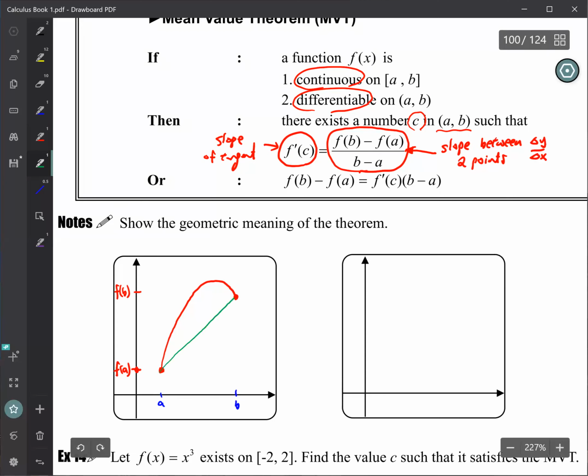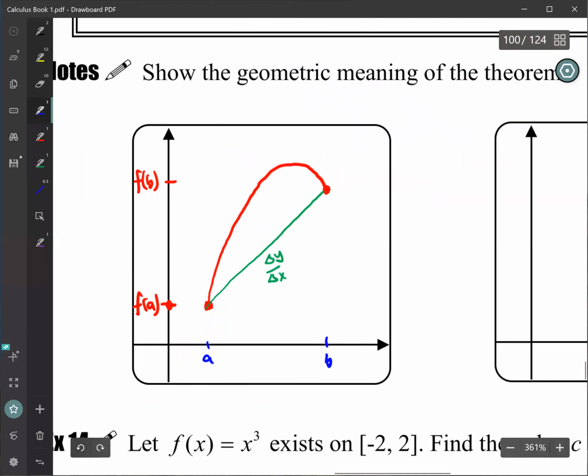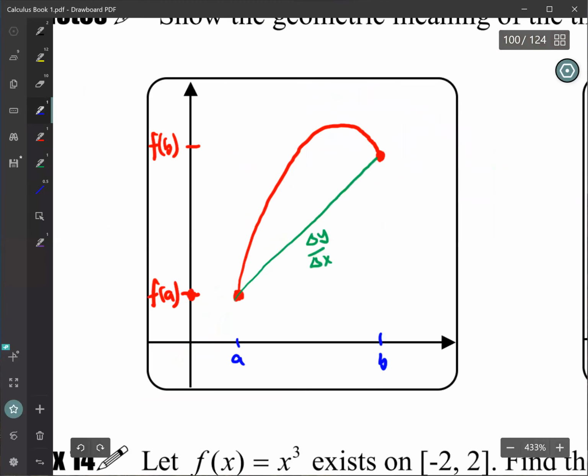So this is delta y over delta x. So where can I put the tangent line so it has the same slope? Can someone draw it out? Where will the tangent line be so it has the same slope?